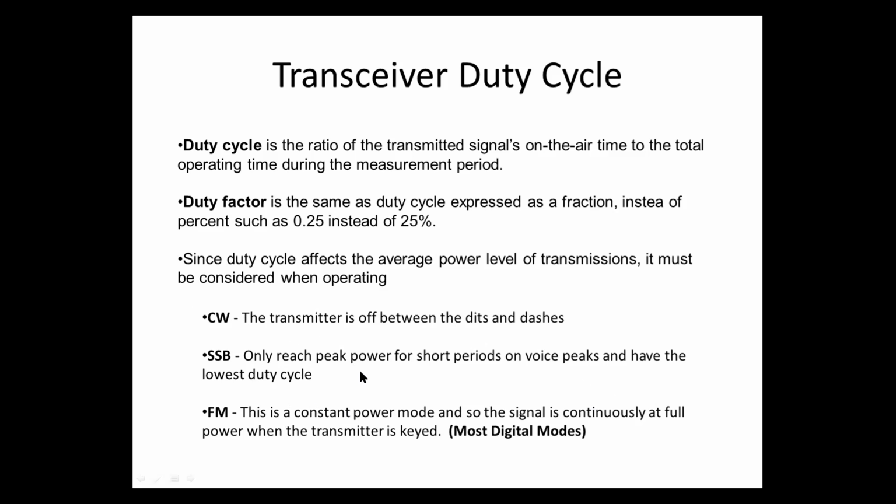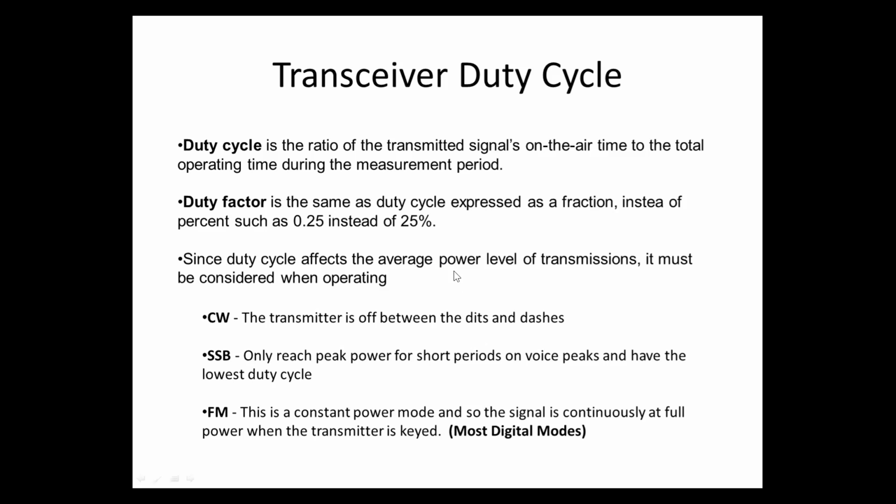For example, I have a 100 watt transceiver, and I generally run single sideband at 100 watts and have no problem with the radio heating up because I don't talk that much. But on digital modes, I generally run it at 50 watts or 25 watts. So right there, I'm cutting my power consumption in half. So it keeps everything nice and cool.